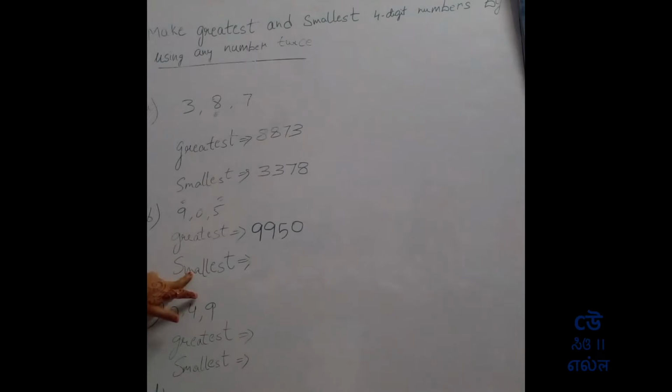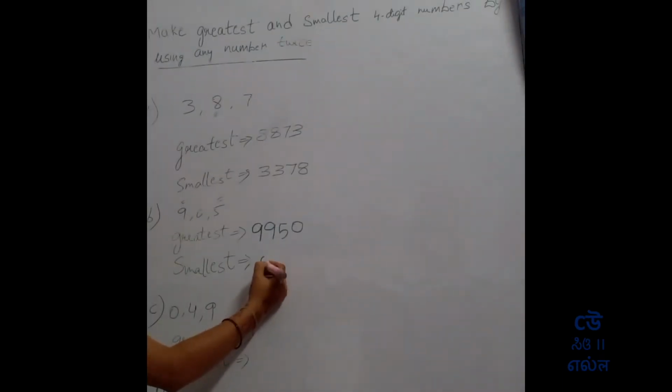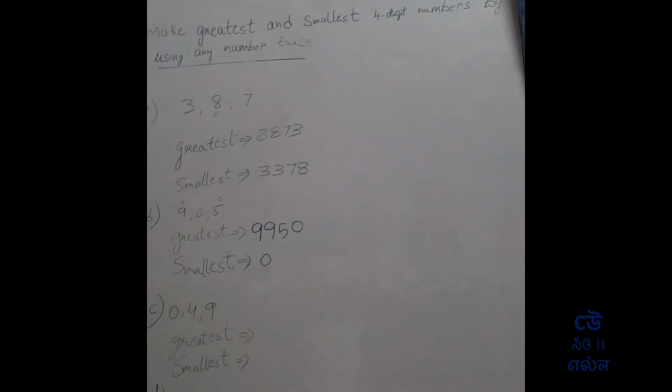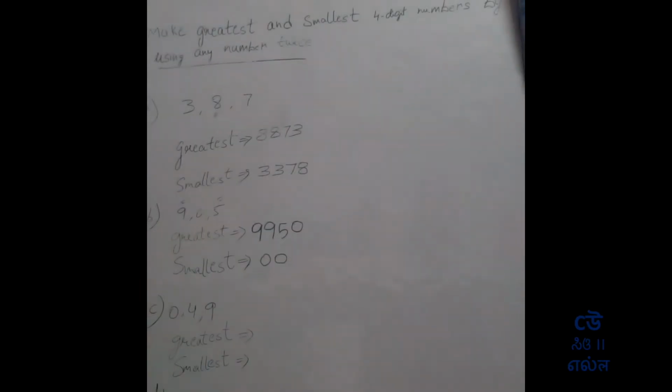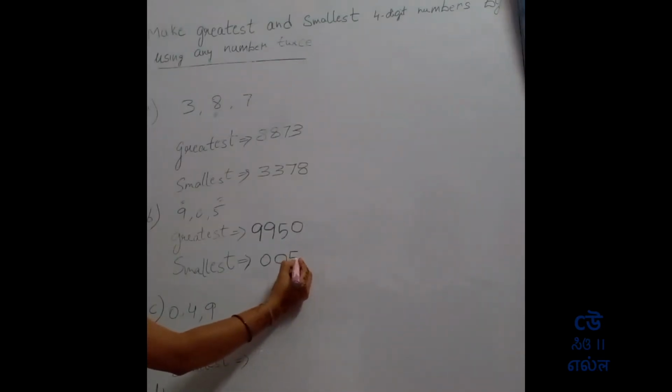Next we have to find the smallest number. In these three, which is the smallest? 0. As I told you, to find the greatest number we use the greatest digit twice, and to find the smallest number we use the smaller digit twice. So we use 0 twice. After 0, the smaller number is 5.